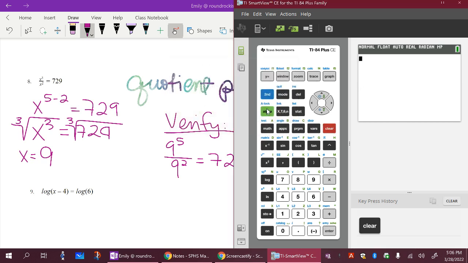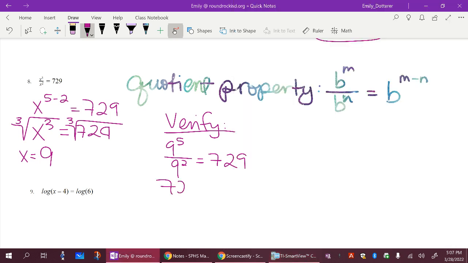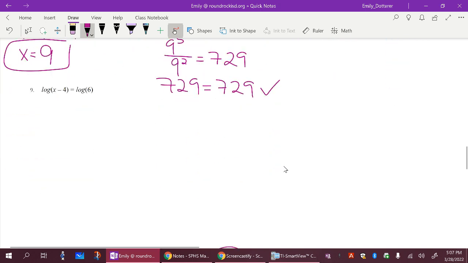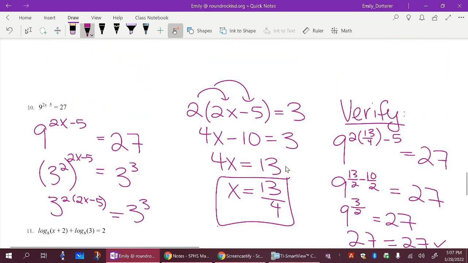So 9, let's see, alpha. Okay. 9 to the 5th divided by 9 squared gets us 729. There we go.